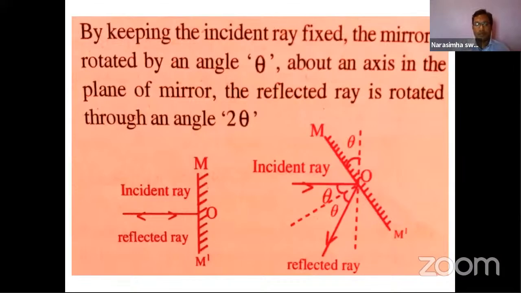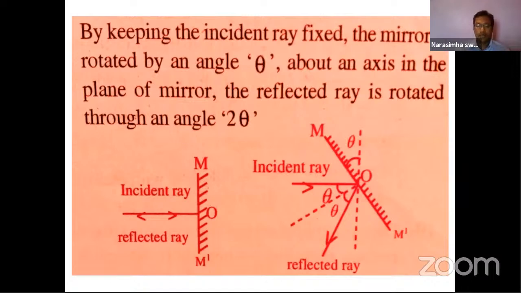See, the first of the points to remember related to the plane mirrors concept: by keeping the incident ray fixed, the mirror is rotated by an angle theta about an axis in the plane of the mirror. The reflected ray is rotated through an angle 2 theta.